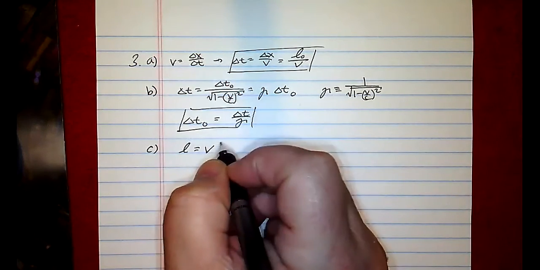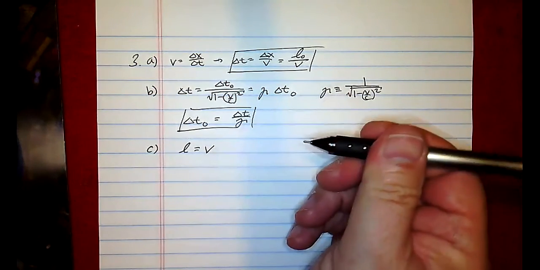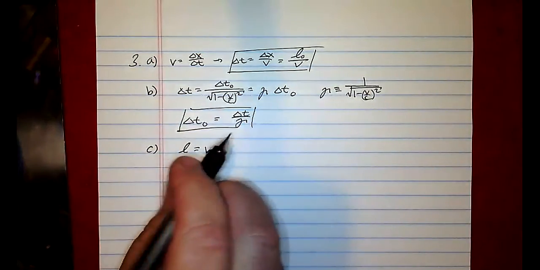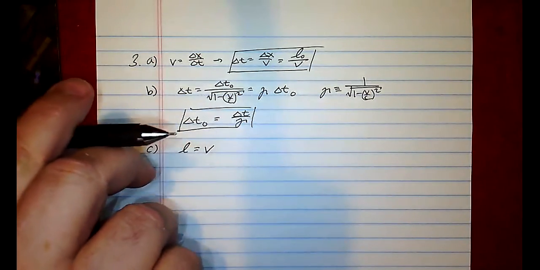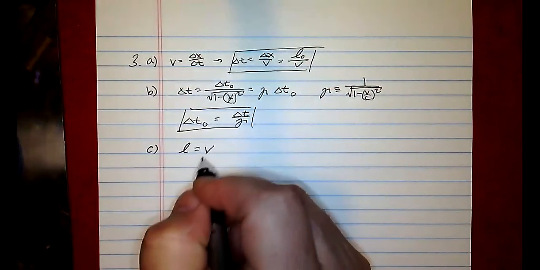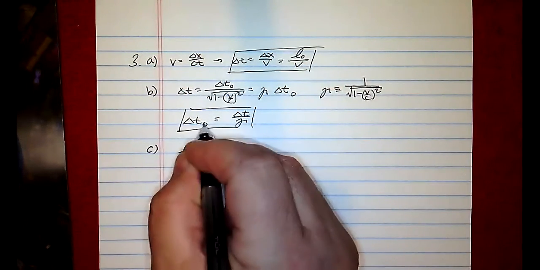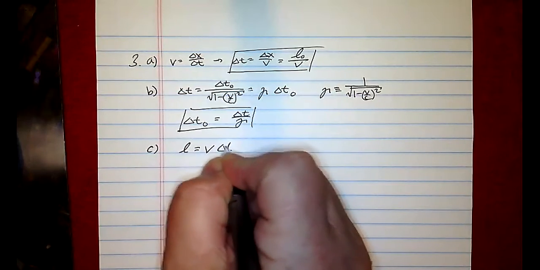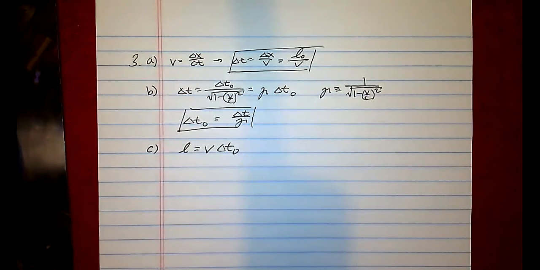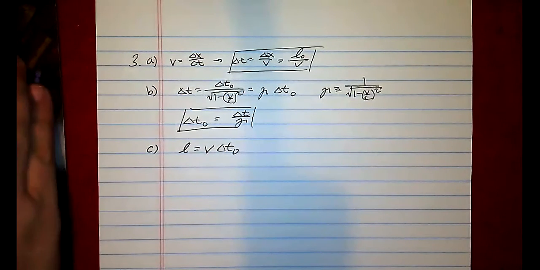In the Bajoran ship's frame, Cardassia and Deep Space Nine are moving this way at exactly the same speed that we think the Bajoran ship is moving that way. So that is the V. And of course, they think it was V times delta t, which is the time they measured. So that's the delta t 0. So we have that, and now we have L in terms of V and delta t 0.